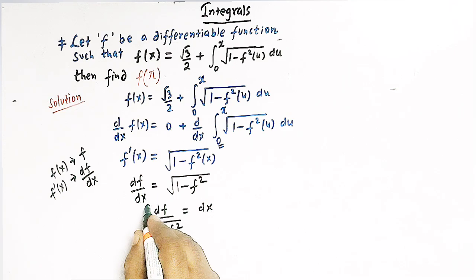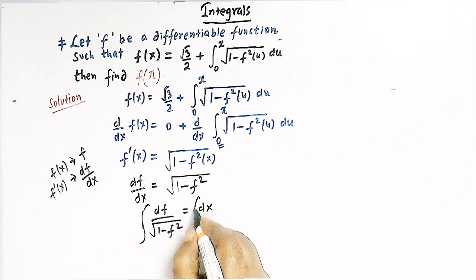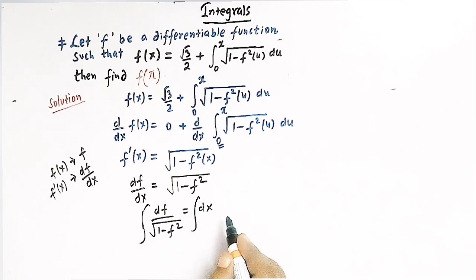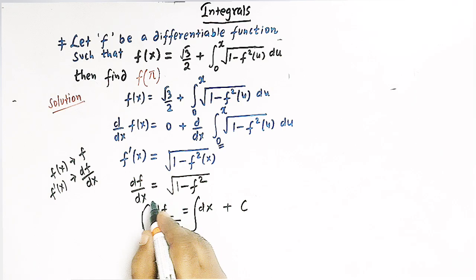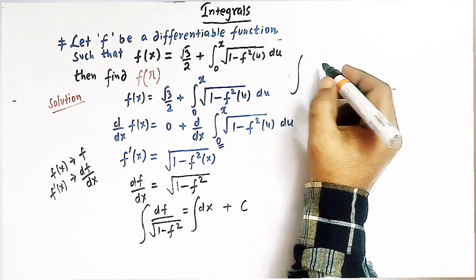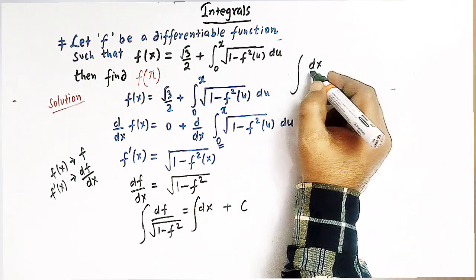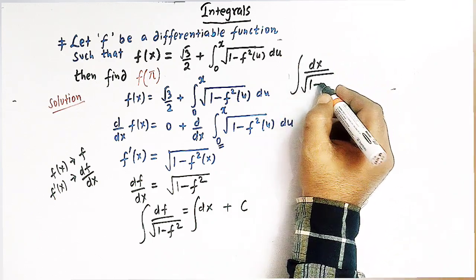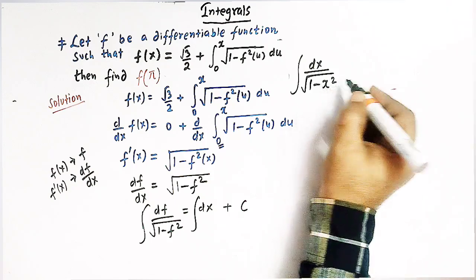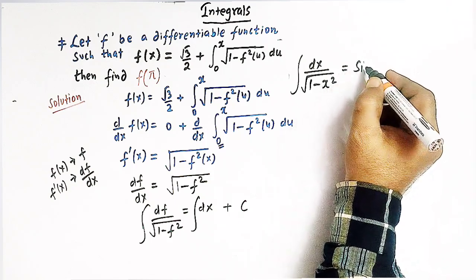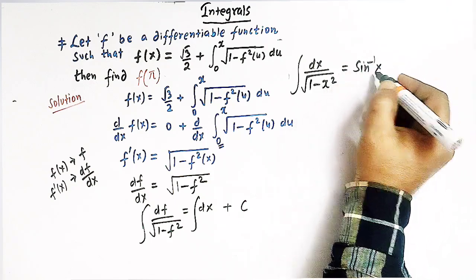Now integrating both sides with respect to x, and c is the constant of integration. Now this is a well-known integral, because we know that the integral of dx over square root of 1 minus x square is equal to sine inverse x.